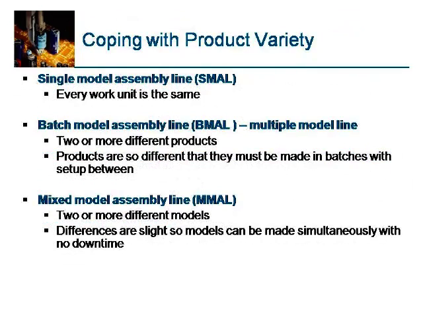Coping with product variety: you can have a single model assembly line where every work unit is the same. Batch model assembly line, BMAL, or multi-model line: two or more different products can be assembled, or products are so different that they must be made in batches with setup between. Or mixed model assembly lines, where two or more different models with slight differences can be made simultaneously with no downtime.